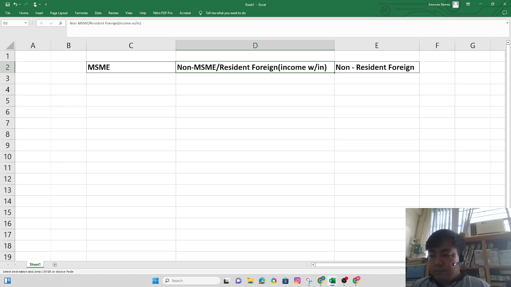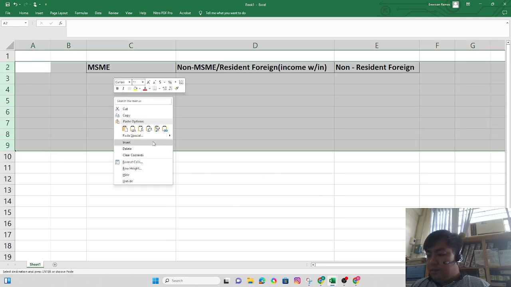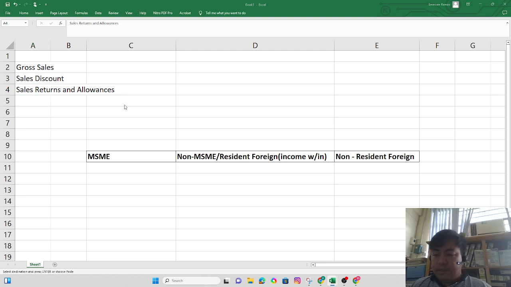Okay, so in computing for the tax of corporation, we need to take note of the sales covered under their operation. So first, we need to identify how much is the gross sales. Then, in that gross sales, do we have sales discount, sales returns and allowances, for us to derive at the net sales.